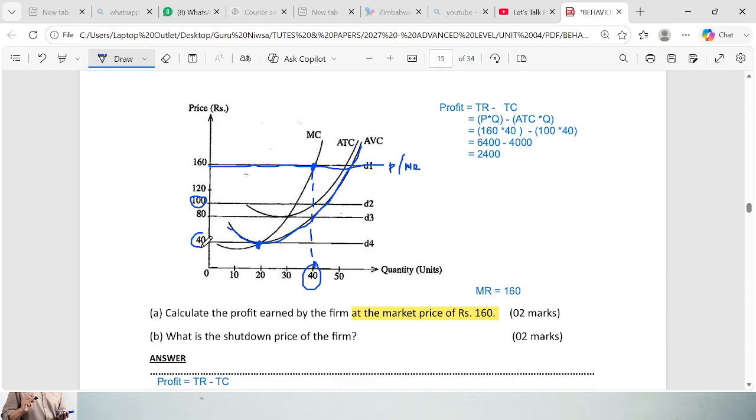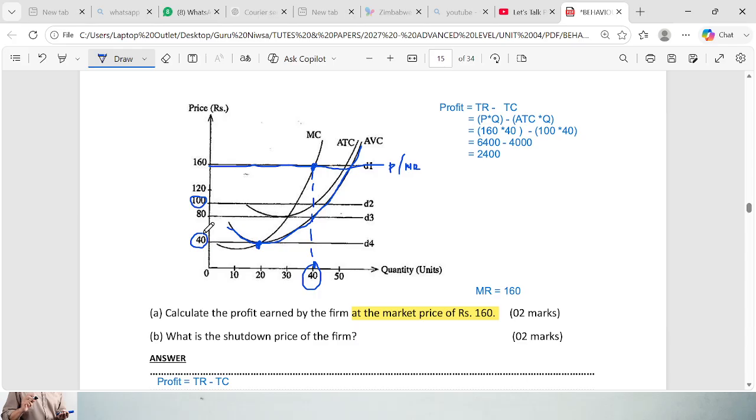If the market price reduces to less than 40 rupees, the firm should shut down its operation. So what is the shutdown price of this firm? The shutdown price is the minimum average variable cost. According to this diagram, minimum AVC is 40 rupees. So if the market price falls below 40 rupees, the firm should shut down its operation.